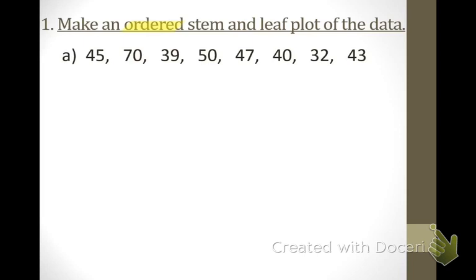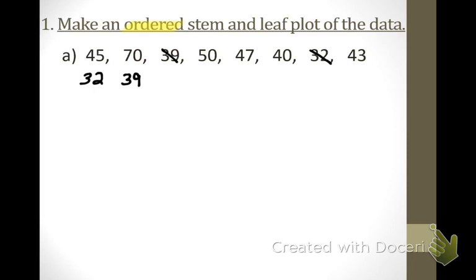Okay, remember as you're going through, you want to always see that 32 here is going to be the smallest one, so I'm going to stick it directly underneath that first number. Then the next one is going to be 39, so cross it off and stick it directly underneath the next number. Remember, having nice, neat work is huge in math, so try to stay as neat as you can.